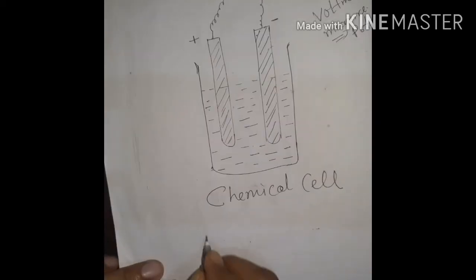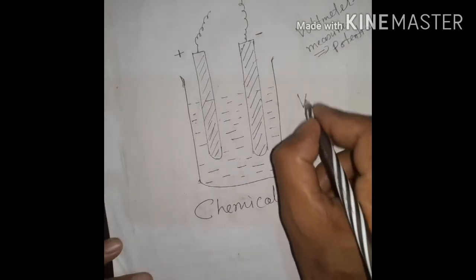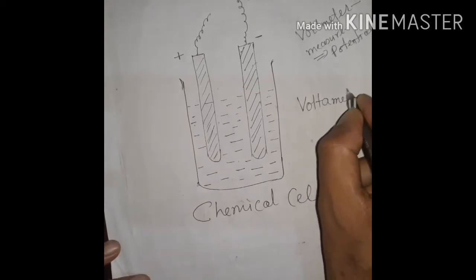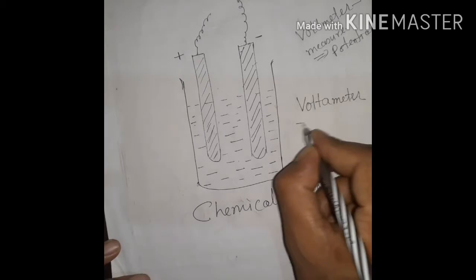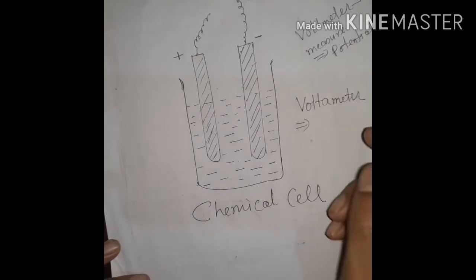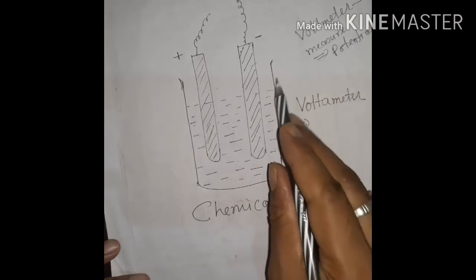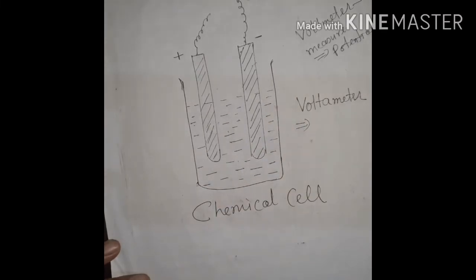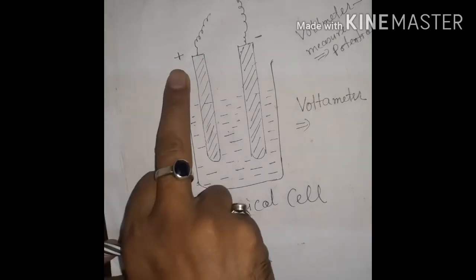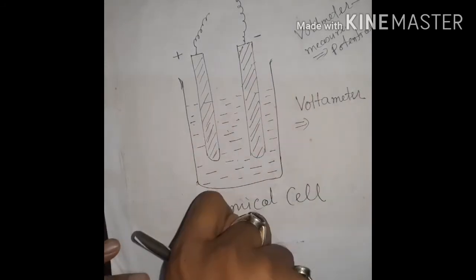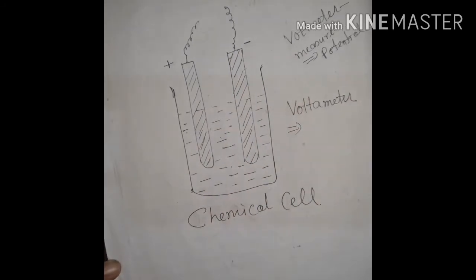But a voltameter, mind it, voltameter, is a device, or you can say a container, in which electrolyte is placed and in which two electrodes are formed. One plays as positive and another becomes negative. So this is simply the structure of a chemical cell.